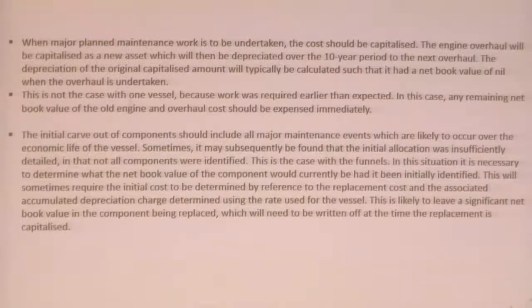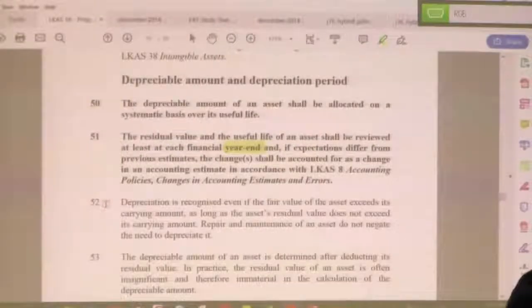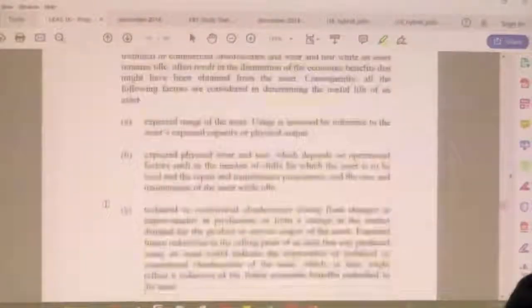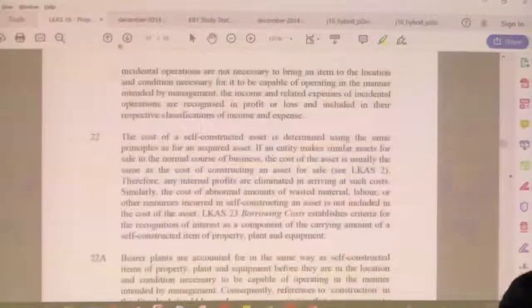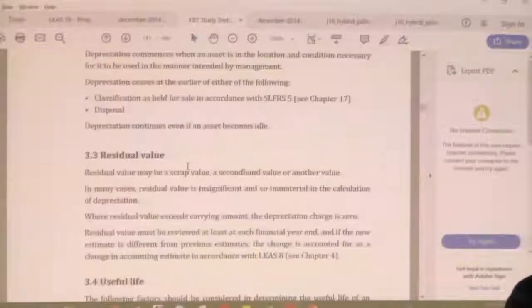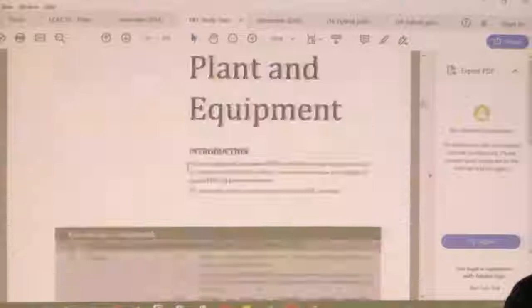So with these things, I believe LK 16 I have covered to a greater extent. Other than this, I want to take some few pieces of information as well. If you look at your study pack, they have explained another two things.